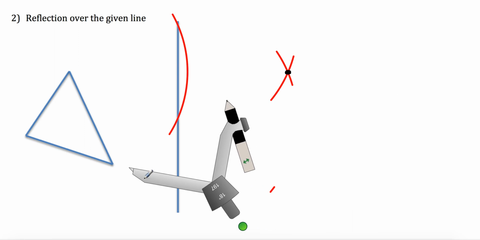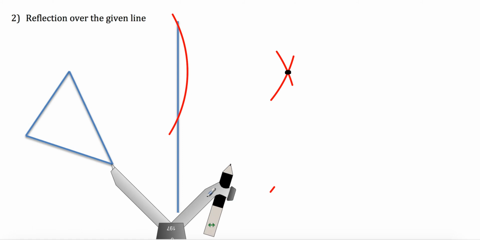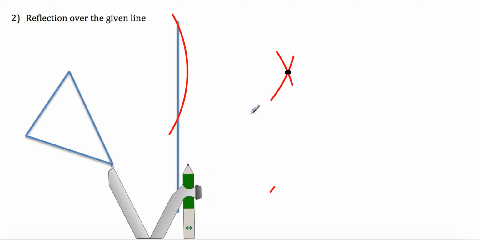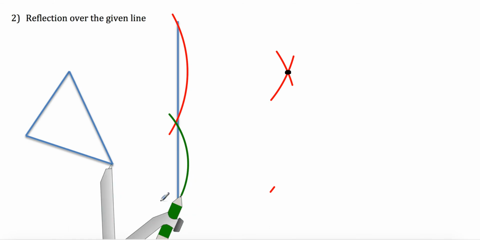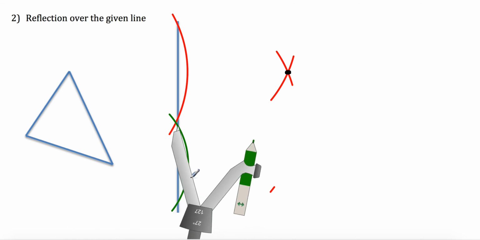How about the second one? Second one is a bit close. And then maybe I'll just use a green. That's the first.